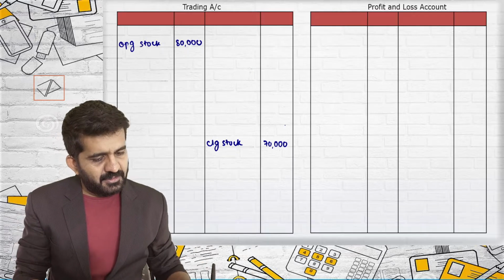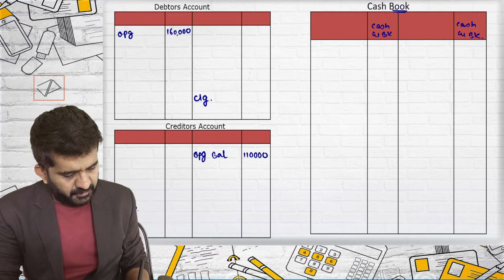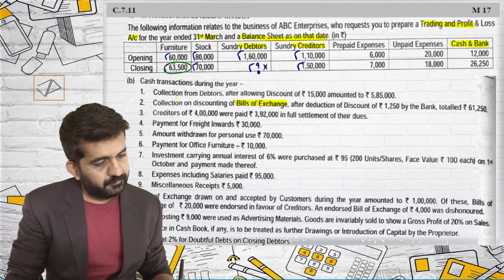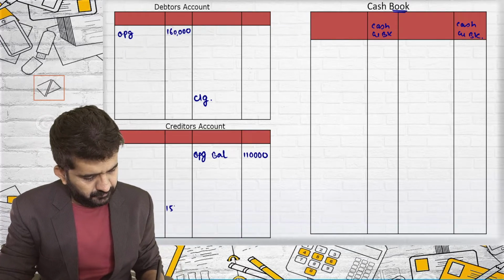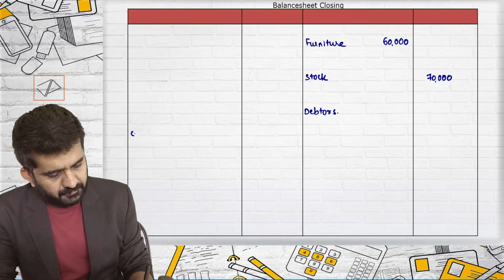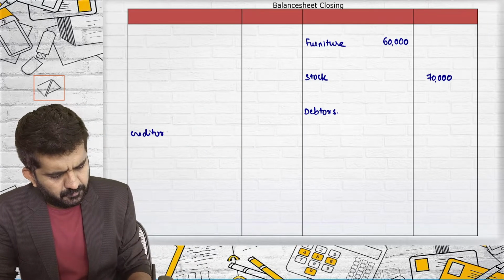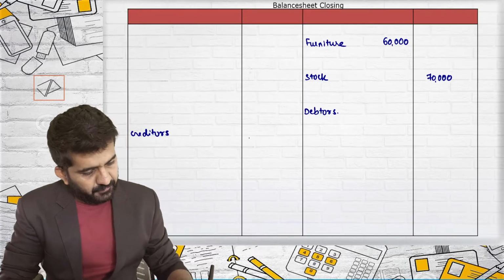Creditors closing balance. Closing balance of creditors will come over here. The figure is 1,50,000. Closing balance sheet creditors will be 1,50,000.